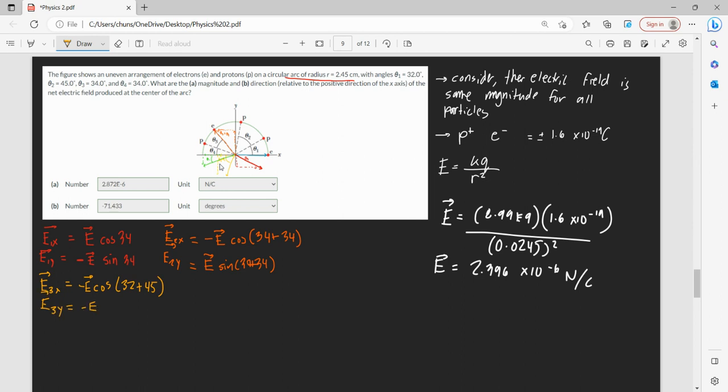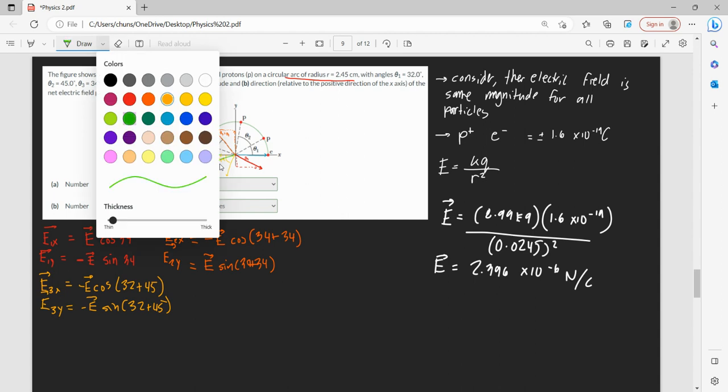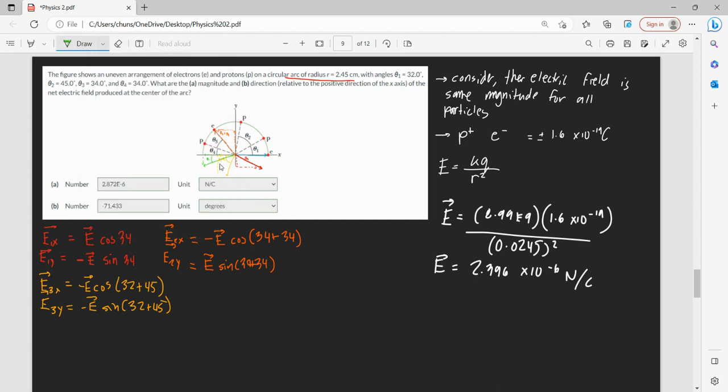E3y is negative E sine of the same. Then the green one, it's E4 for x and E4 for y, both in negative directions again.